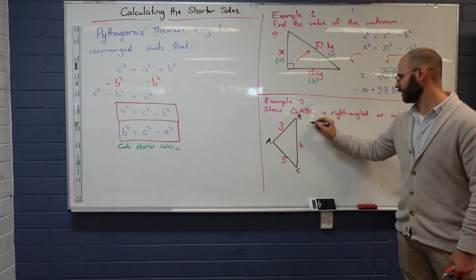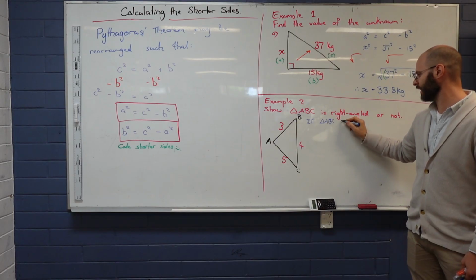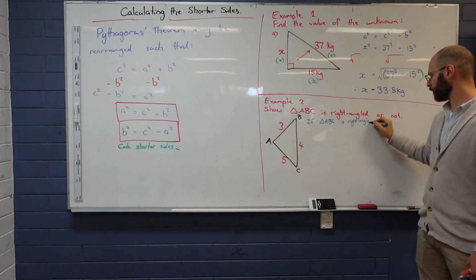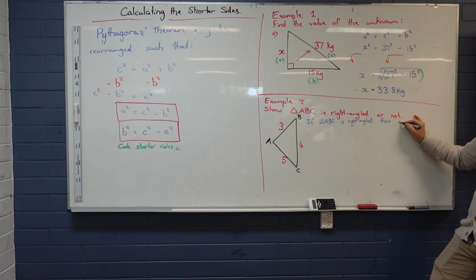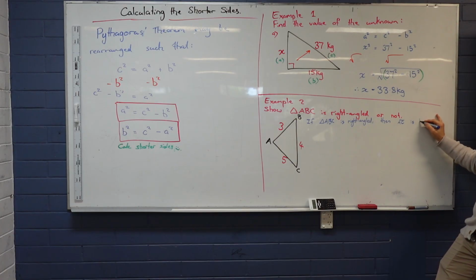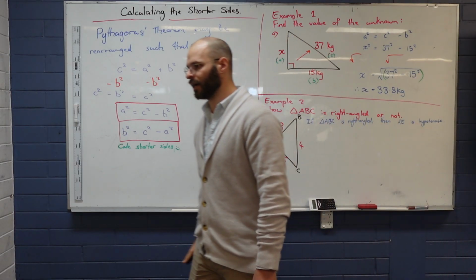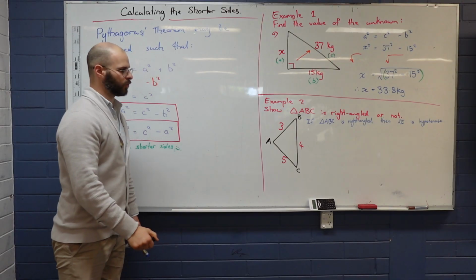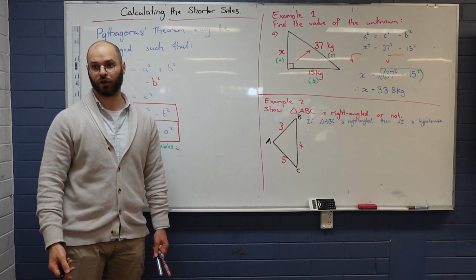So I might say, if triangle ABC is right angled, then side length AC must be the hypotenuse because AC is the longest.